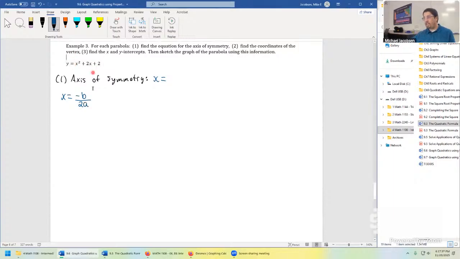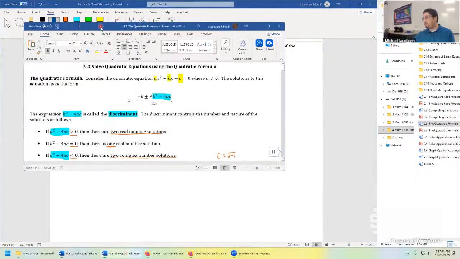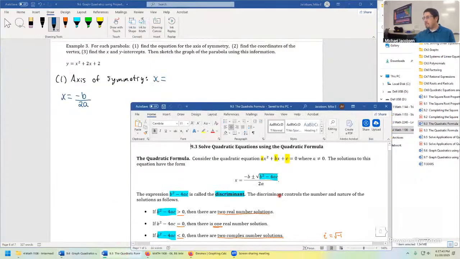And there's a kind of cool way to memorize this vertex formula right here. Now that we have the quadratic formula pulled up, notice that -b over 2a is this part right here. Ignore the plus and minus. Let me try to circle it better. -b over 2a is just this part right here.